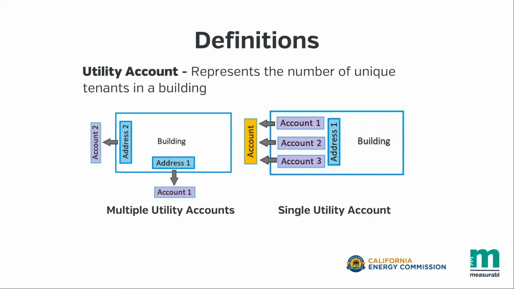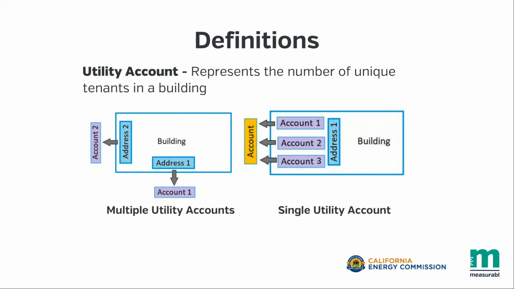However, because there are multiple businesses or tenants or customers in the building, we want that to be considered 2 accounts. We feel that that counts for the threshold. And so as I said, what we're looking at is the number of postal addresses in the building. So that's one case where you have 1 agreement between the utility and the building and multiple parties using that account or agreement or utility service.